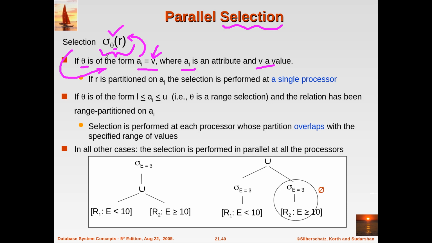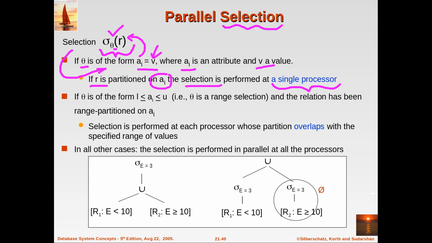Now, in this particular case, if we are using an equality condition for the selection of tuples from the relation, and the relation is partitioned on the attribute used for the selection condition, the selection process will be performed in a single processor. That means all the tuples with the attribute value given in the condition, that is Ai equal to V, will normally reside in a single processor.